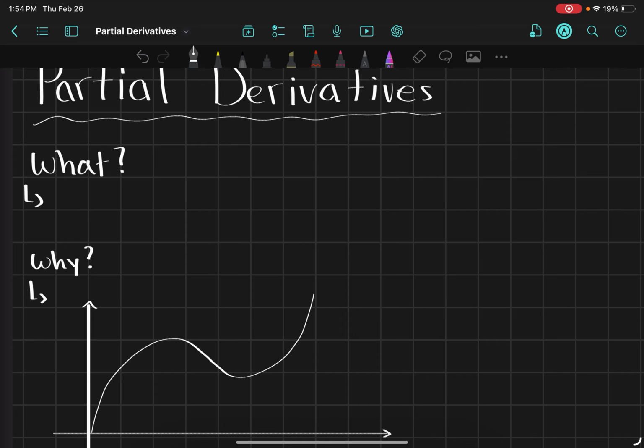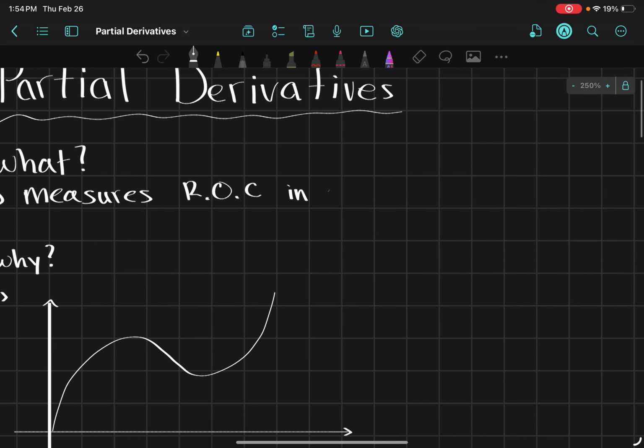I will get into this more when we talk about the why, but as for right now, the what? A partial derivative measures the rate of change in a multivariable function.